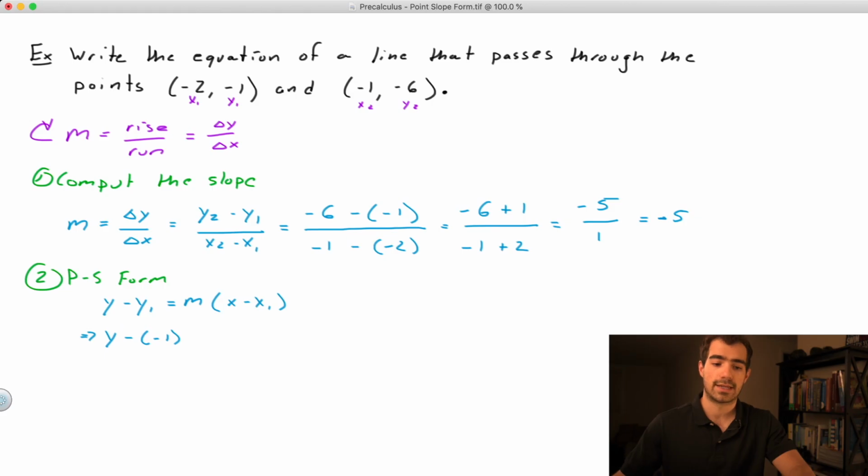But y minus -1 equal to a slope of -5 times the quantity x minus x1, or in our case, -2.